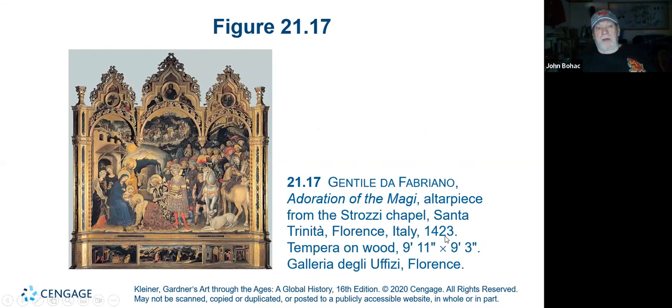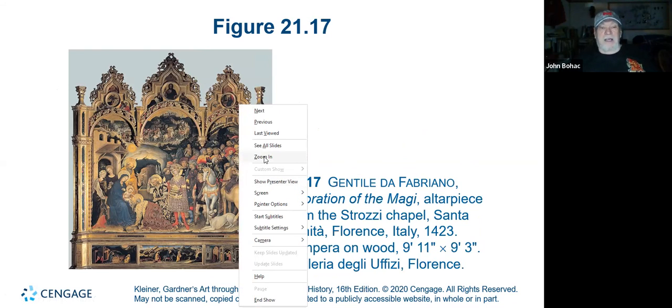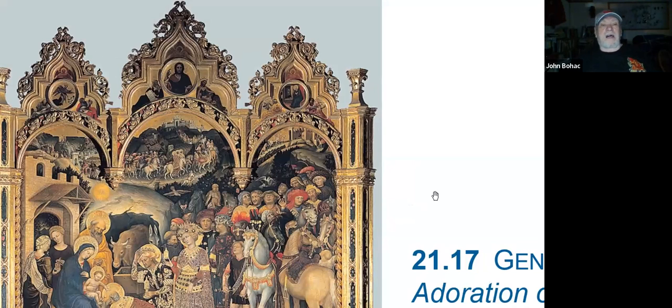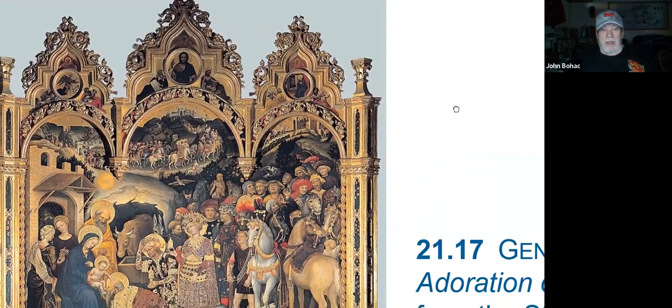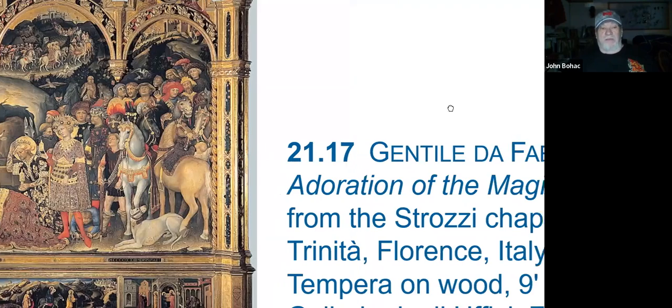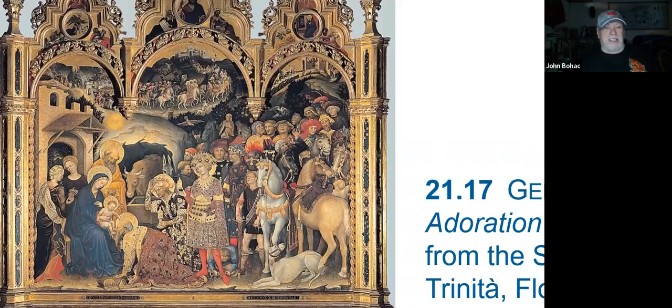Early 15th century. This is kind of where they begin with the advancement of painting in Florence. And see, this is in Florence, from Florence. And this is called the international style.